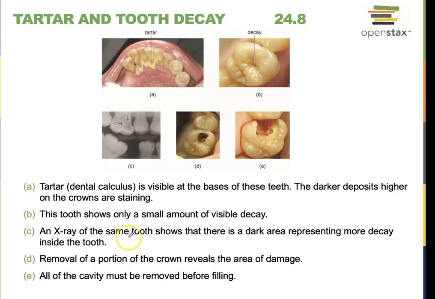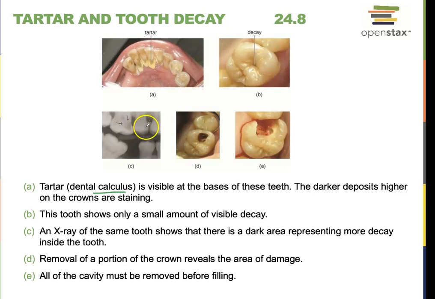These are some images of your tartar, which is called dental calculus, and not very pretty from this vantage point. So you can see how tartar builds up in basically the connection between the tooth and the gum, in those crevices. So here's a small carie or decay, a small cavity. You can see it show up in an x-ray.